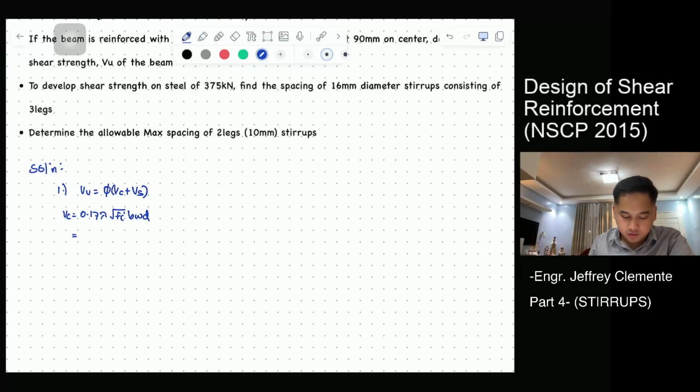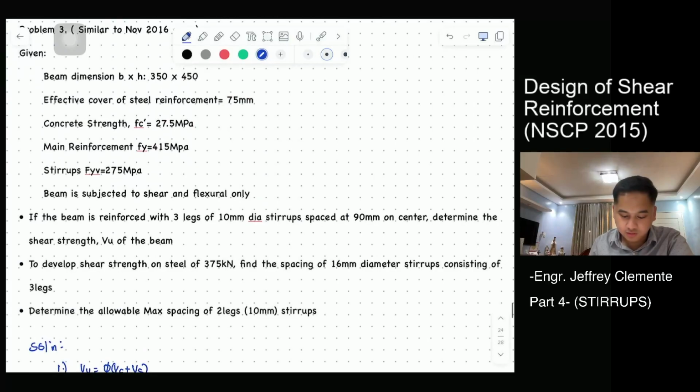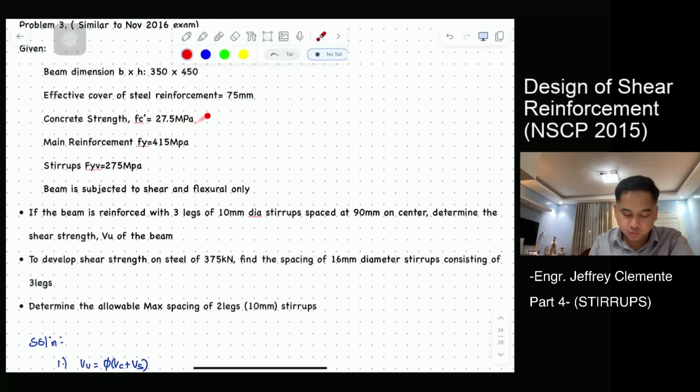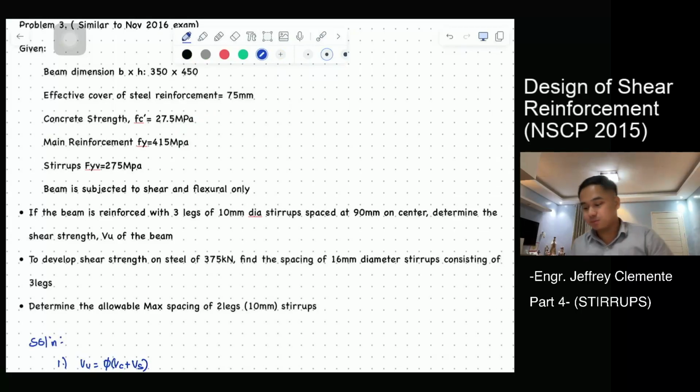Our given lambda is, of course, 1, kasi normal concrete. Square root of 27.5. Fc prime is 27.5, so that is less than 31.87, so alam mo na agad ang gagamitin.